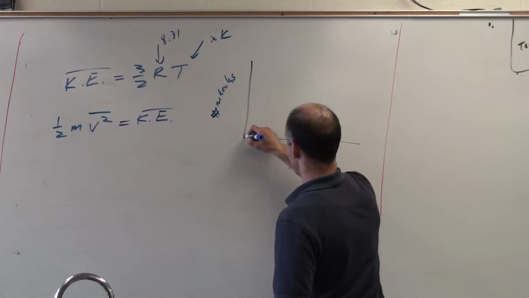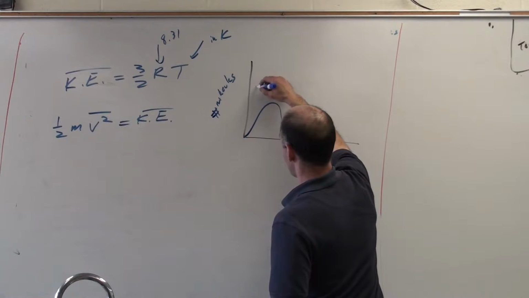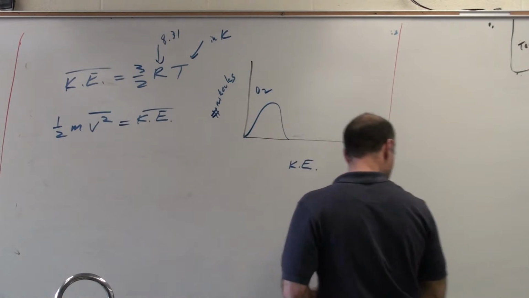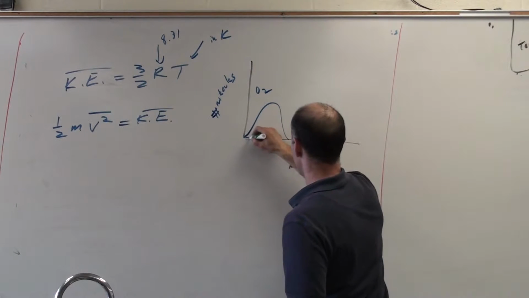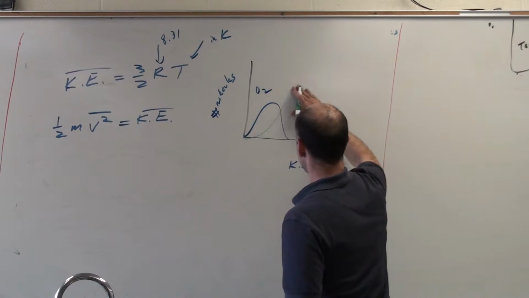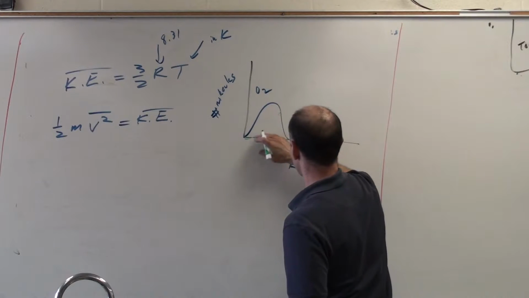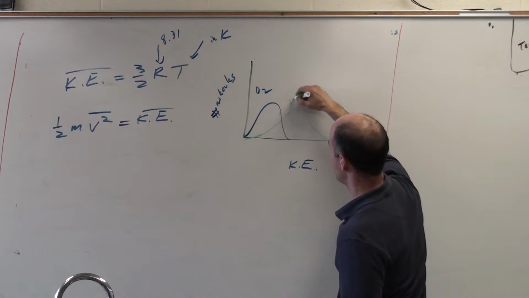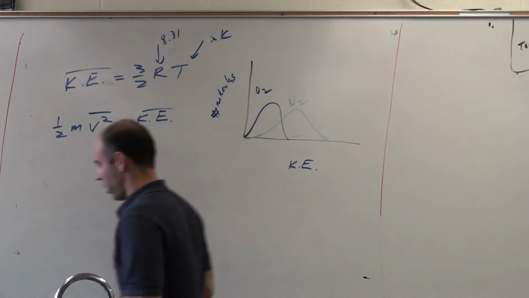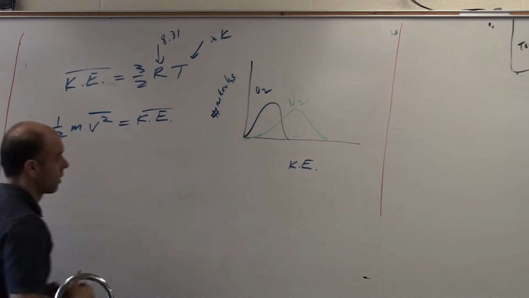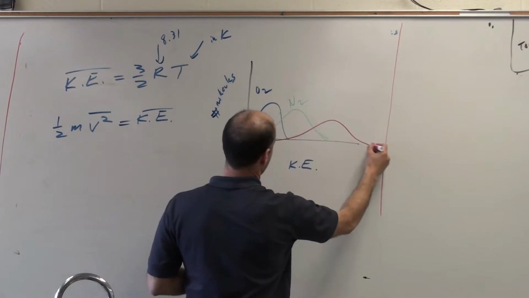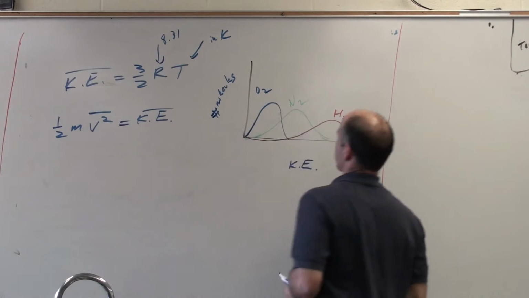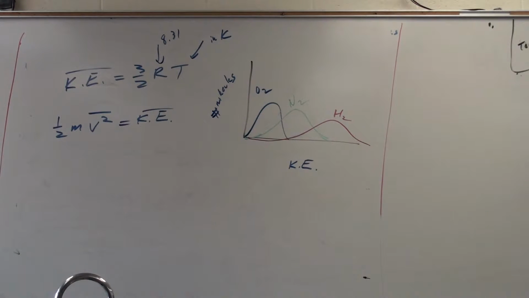And I drew this one as, let's say, oxygen, and then I drew this one to be, let's make them all the same, nitrogen, and I drew one more to be hydrogen. But then I asked you which one of those has the greatest temperature, or are they all at the same temperature?